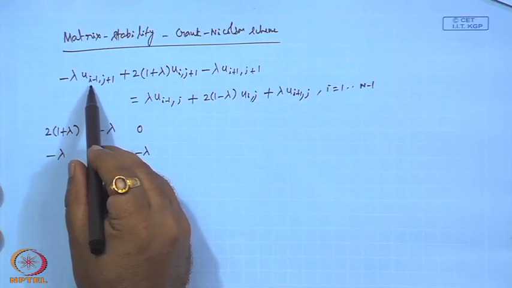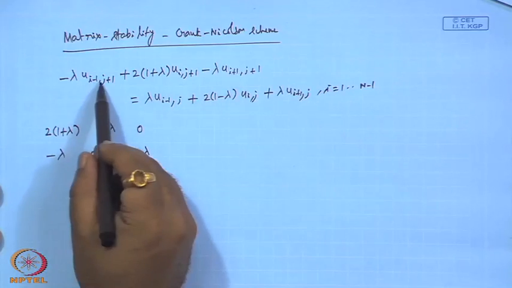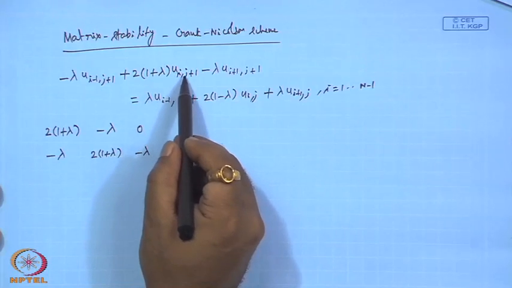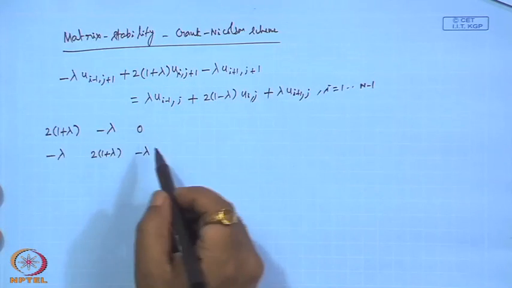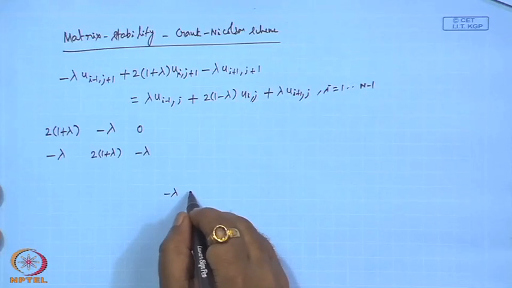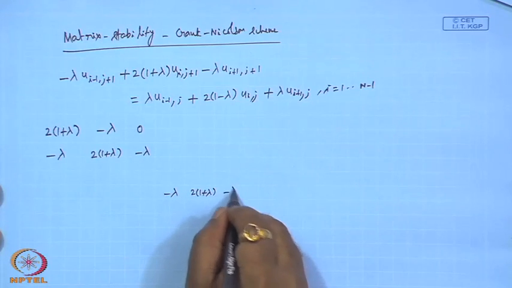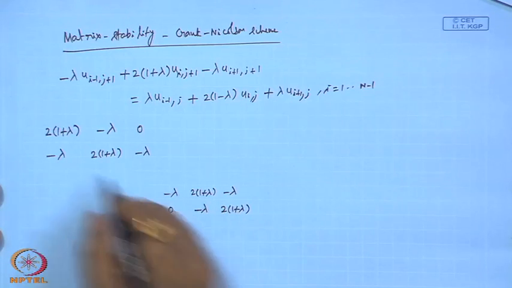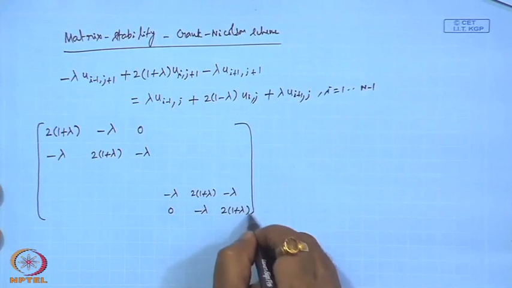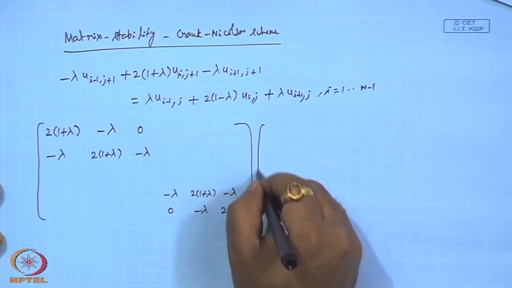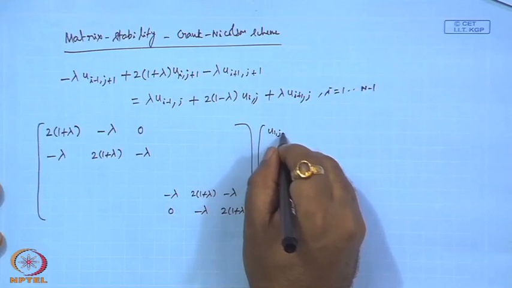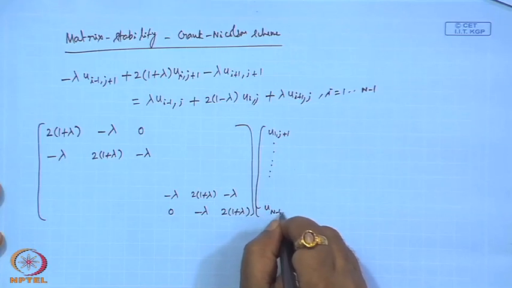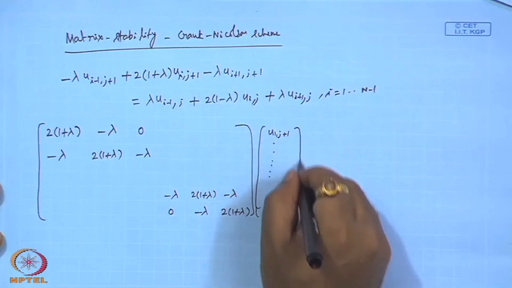so when i equals 1, this becomes a boundary term which is known. So, we push it to the right. So, the first non-zero term is this, next one is this accordingly. So, these are the unknowns.